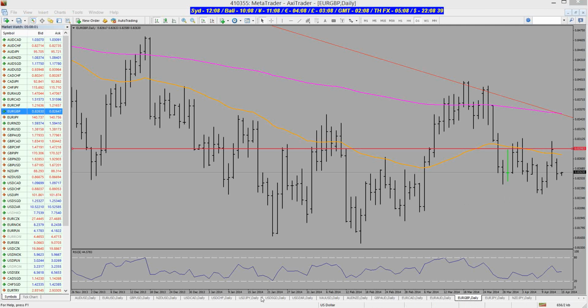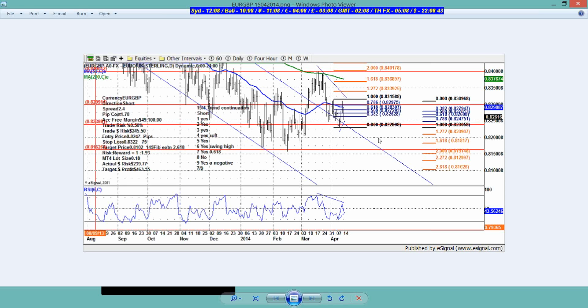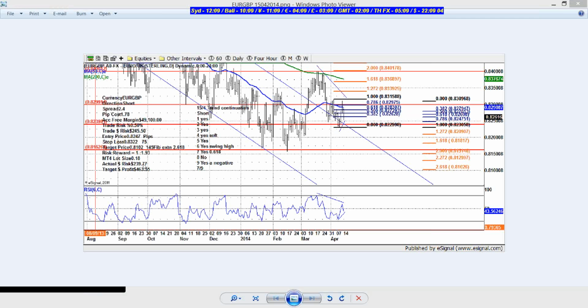So, yes, back to your analysis. Fibonacci extensions into this zone here. That'll be a good target because it's just above this horizontal support here. 1.193.